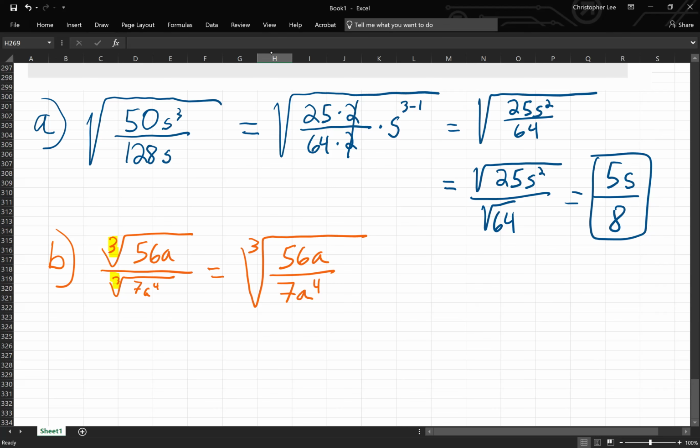So 7 goes into 56 how many times? 8 times? All right. Does it really though? 14, 28? Yeah, it does. So this is going to be the cube root of 8 a to the what power?